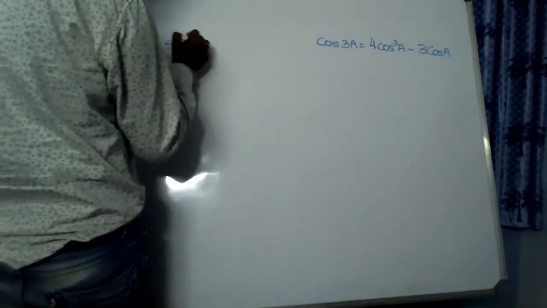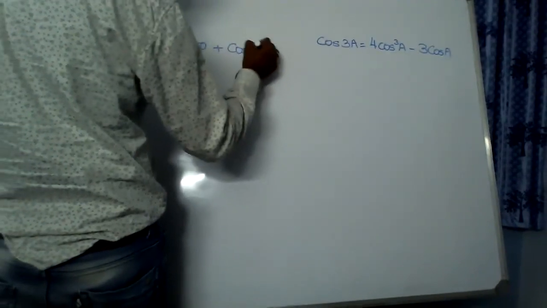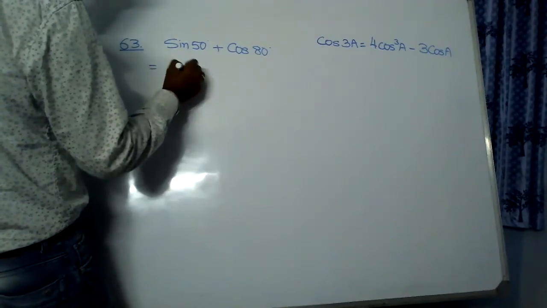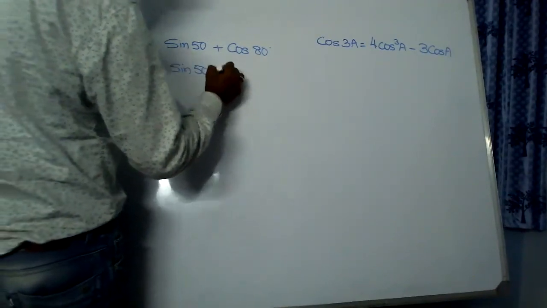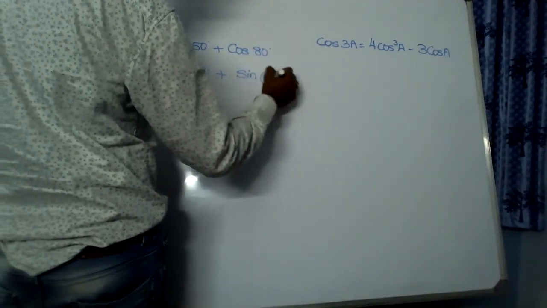So question number 63. The value of sine 50 plus cos 80. Sine 50 degree, cos 80 degree. So convert any one. I'll write it as sine 50 degree plus sine 90 minus 80.